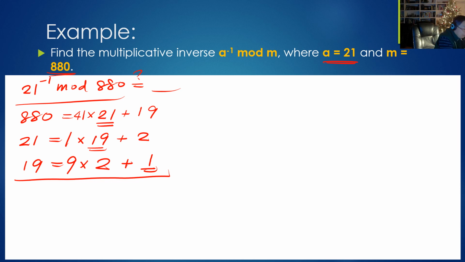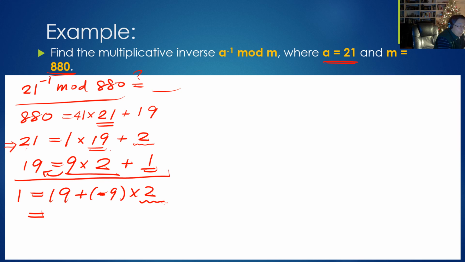Again, we write 1 as 19 minus, so we move this term to the left, right? So 1 equals 19 plus minus 9 times 2. So 19 minus 9 times 2, where I put the minus sign inside the parentheses. The reason I'm doing this is that I should replace this 2, which is the remainder when you divide 21 by 19.